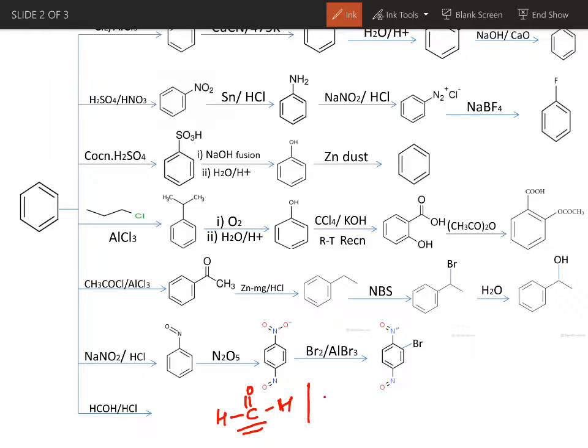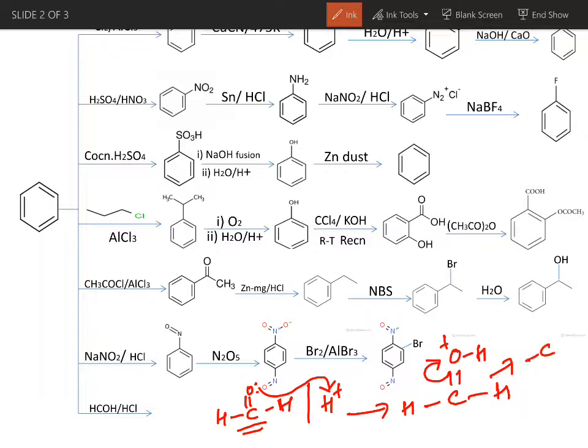Formaldehyde in the presence of acid H plus: the lone pair of oxygen abstracts H plus and forms C double bond OH positive charge, with H and H. It gets neutralized and forms CH, H, here it is OH, and here it will develop a positive charge. Now this positive charge on the carbon atom is acting as the electrophile.